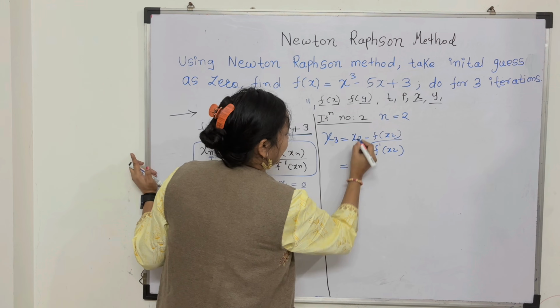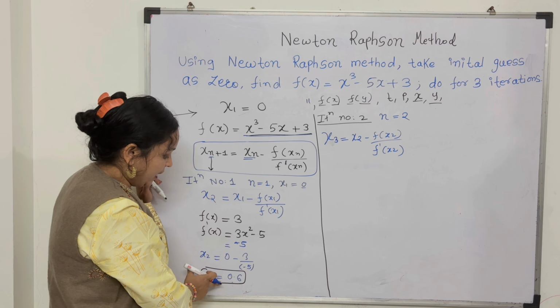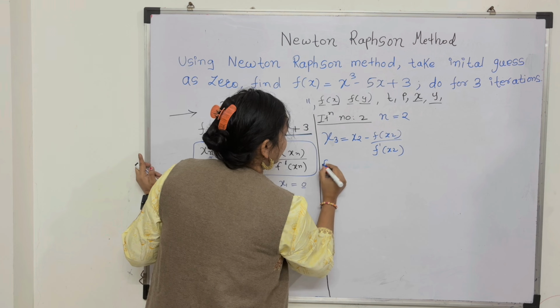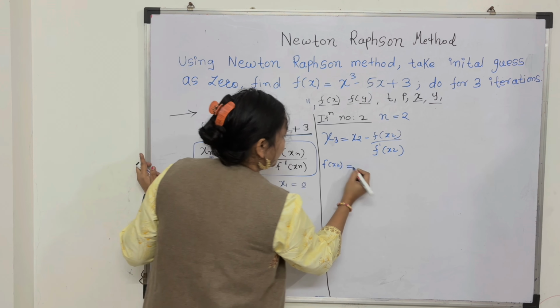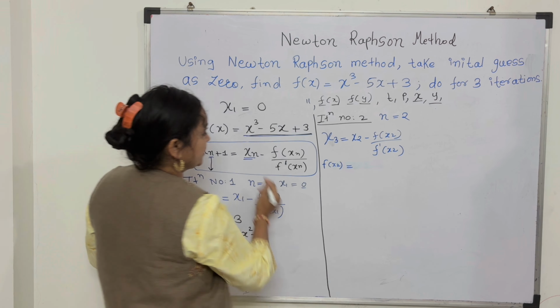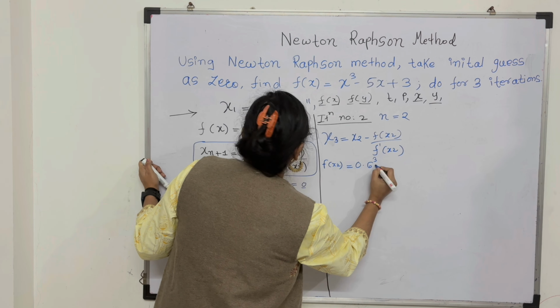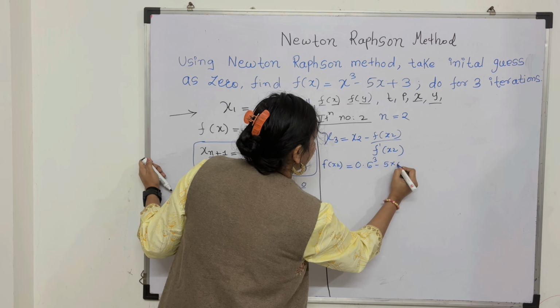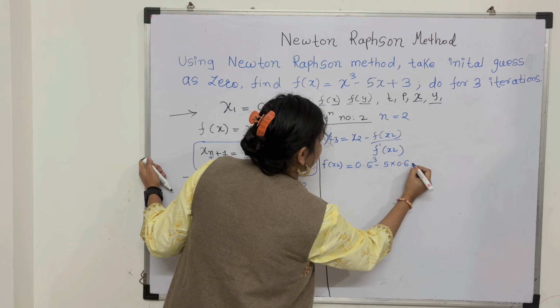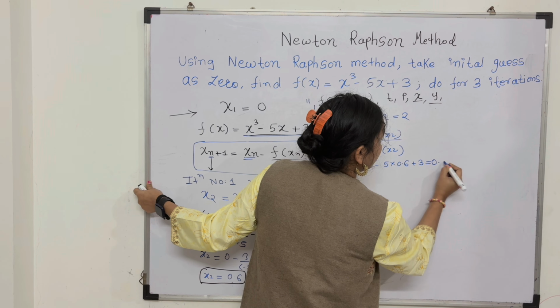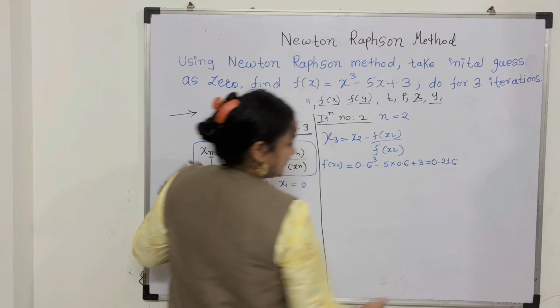In the same manner, the x2 value is 0.6. Now the function of x2, you have the x2 value as 0.6. So you have to quickly put in 0.6 cubed minus 5 multiplied by 0.6 plus 3. You are getting the value 0.216.